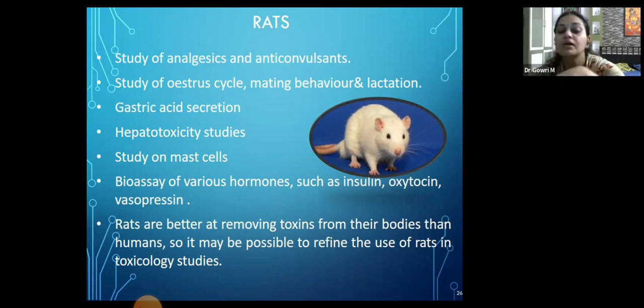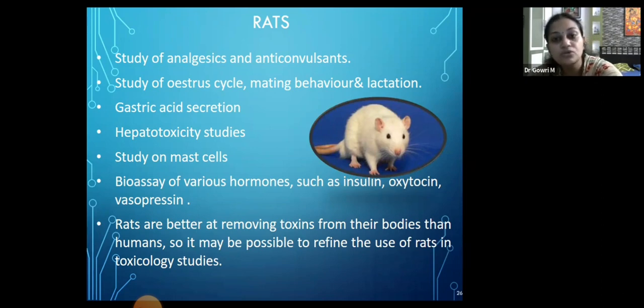Okay, you have a pain in the paw, or in some organs, and you want to test the analgesic effect of a particular drug that you are going to give in comparison to diclofenac. Diclofenac is a standard pain reliever in modern medicine. So you want to compare the effect of Shallaki or Guggulu in comparison to diclofenac. In such cases, it is a study of analgesics, and you can choose the rat as the model.